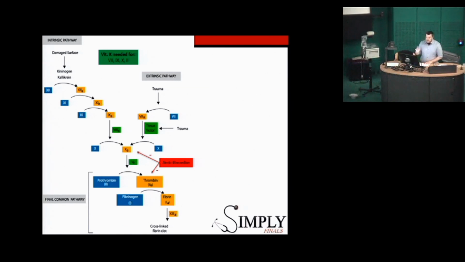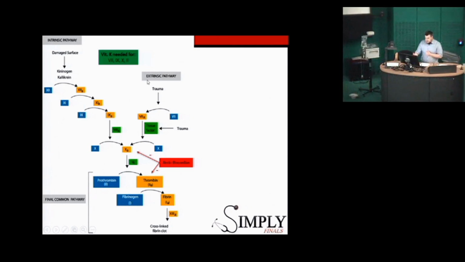So I've turned it around to just point out the key things for the clotting cascade first, and then we can think about it with the cases. So as you know, vitamin K is an important vitamin for the clotting cascade. Warfarin antagonises vitamin K, which makes it an anticoagulant. So vitamin K is important for lots of these things.